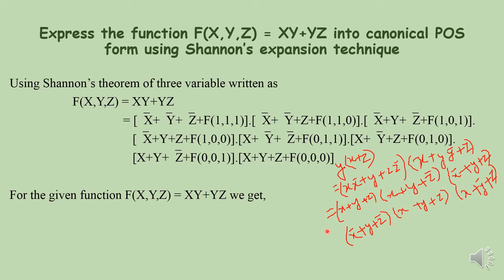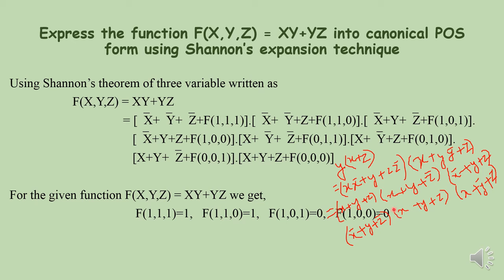Okay, so for the first value, that is when we consider f of 1 1 1, 1 1 1 means x bar plus y bar plus z bar. So this term is missing in this expression, so here we write 1. If 1 1 0, 1 1 0 means x bar plus y bar plus z.